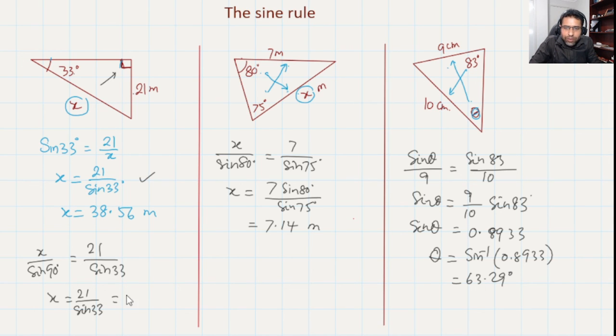If you do the calculation, you will get 38.56. So you can obviously use the sine rule if you have the angle with the opposite arm relation. But if it's a right angle triangle, I mostly prefer to go with SOHCAHTOA, the trigonometric ratios, unless it is not a right angle triangle, then you have to use this one.